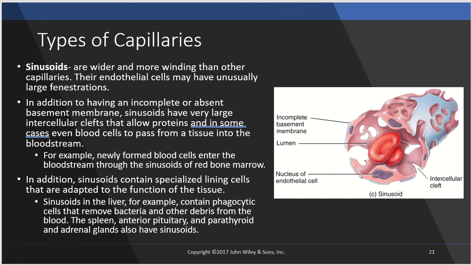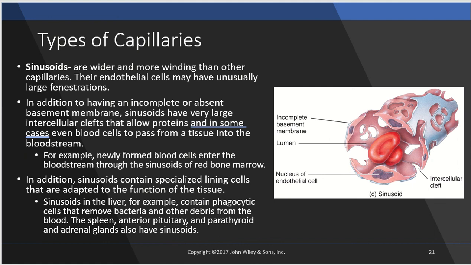And then last but not least, we have our sinusoid capillaries. These are wider and have a more winding shape than what we would see in our usual capillaries. Their endothelial cells may have very large fenestrations, so these look kind of like Swiss cheese. In addition to having an incomplete or absent basement membrane, sinusoids have very large intercellular clefts.